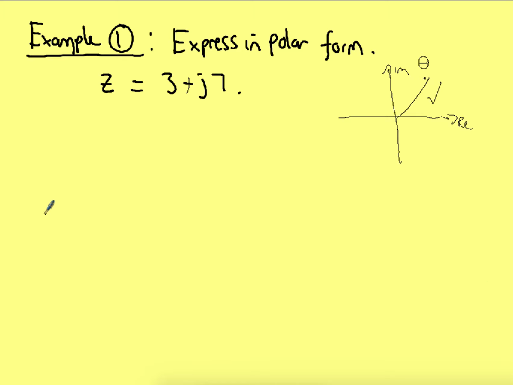Right, so then we say z equals, remember your formula is x plus jy, so z is equal to the square root of x squared, so 3 squared plus 7 squared. So take that into your calculator.